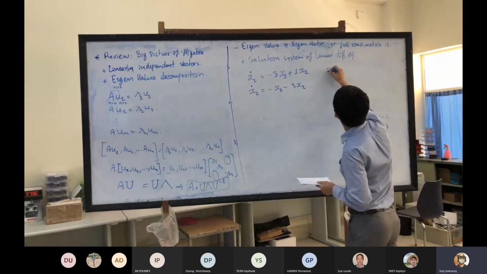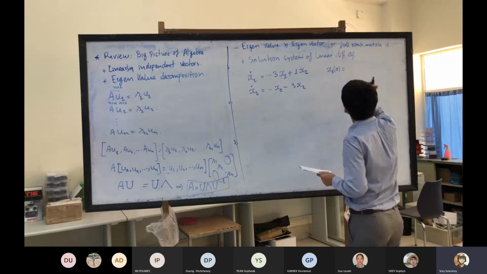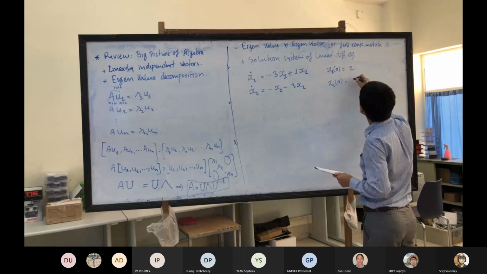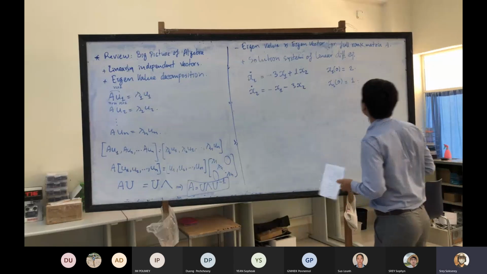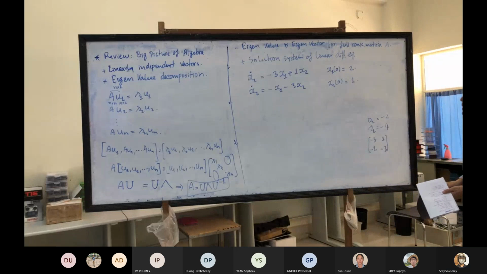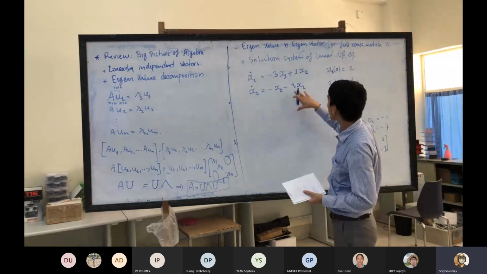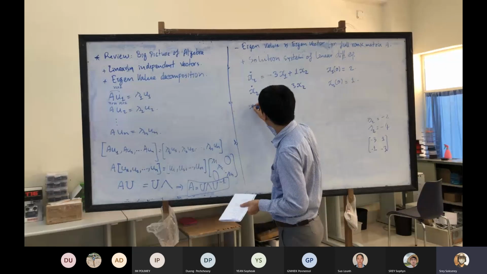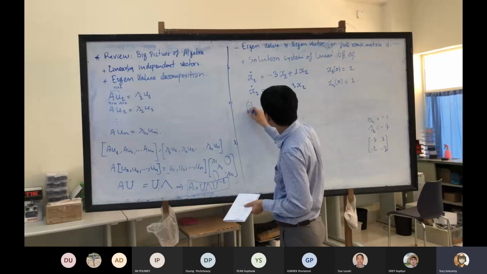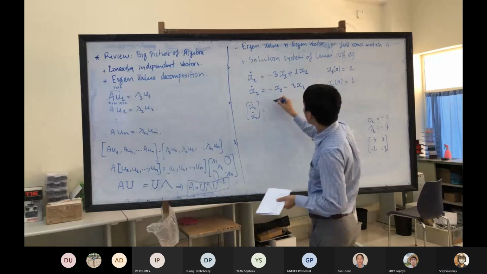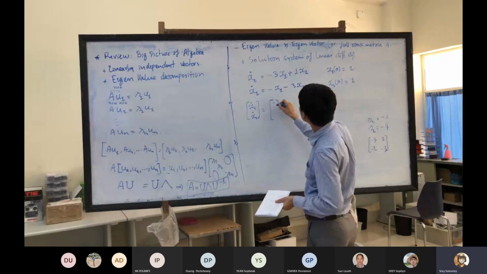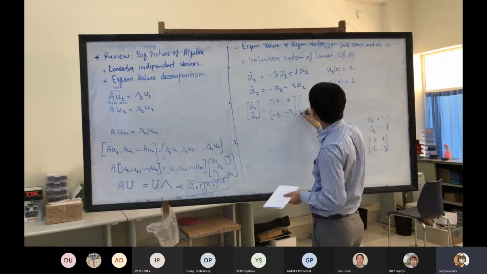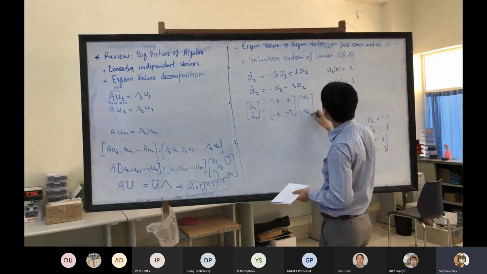And x1 of 0 equal to 2, x2 of 0 equal to 1, for example. So for this, we can write the equation as x1 dot, x2 dot equal to matrix A, which is minus 3, 1, minus 1, minus 3, times x1, x2.